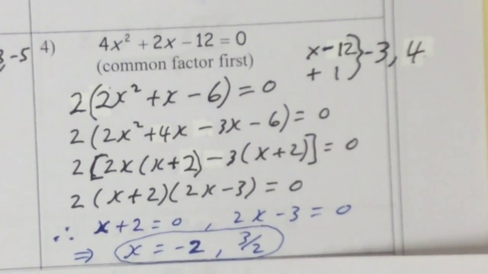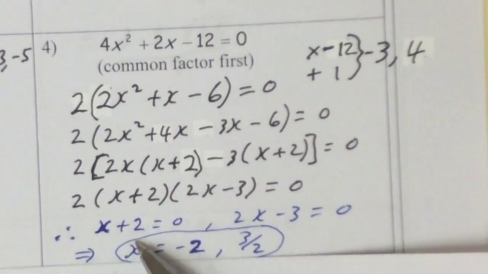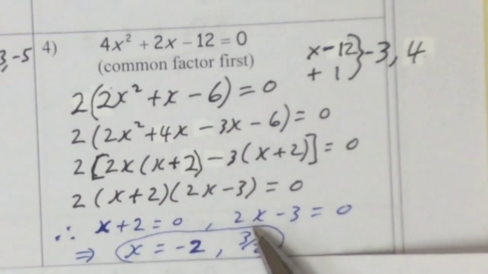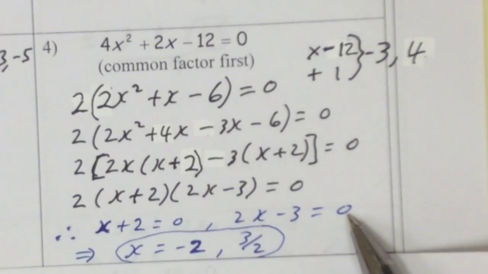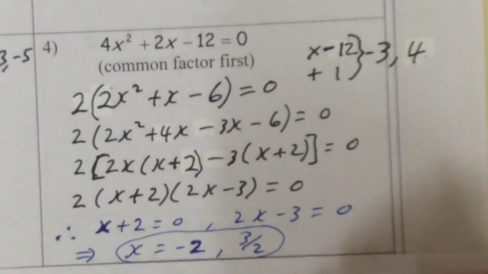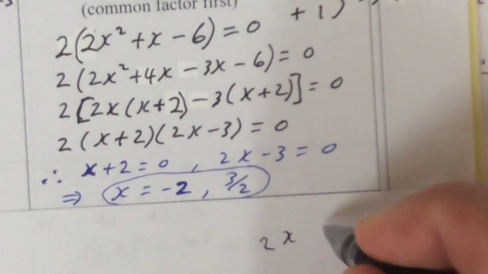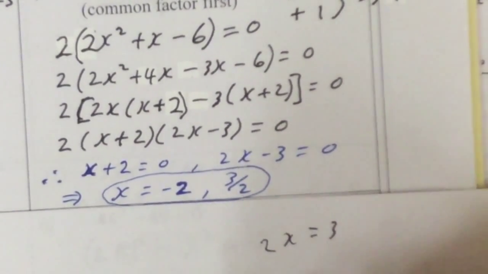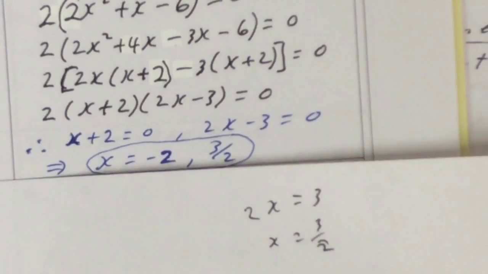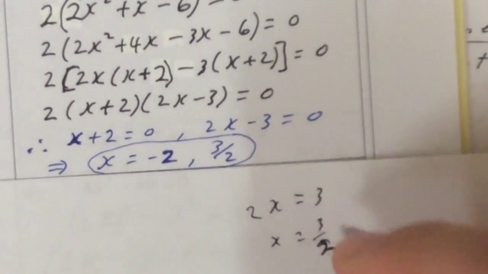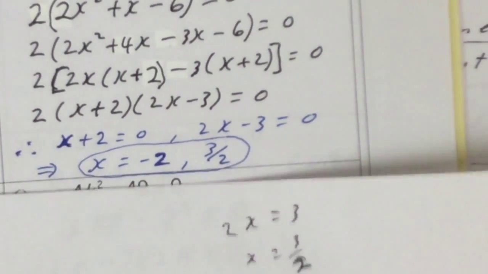And the solutions are going to be x plus 2 equals 0, or 2x minus 3 equals 0. So from this one, x equals -2. From this one, you bring the 3 over, so 2x equals 3. Okay, so 2x equals 3, and divide by 2, and x equals 3/2. Okay, so that's how you'd get these two answers.